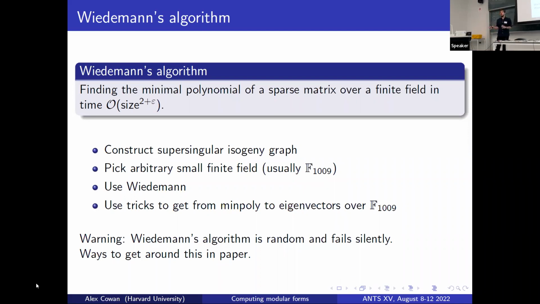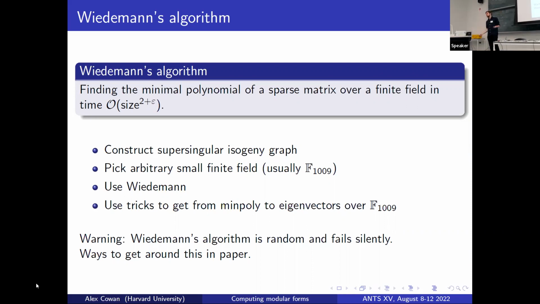But one caveat is that Wiedemann's algorithm is random, meaning that it takes some arbitrary input and outputs something, and it's not at all clear how you go from the input to the output. It is guaranteed to give you a divisor of the minimal polynomial of your matrix, but it does not guarantee that you will get the full minimal polynomial. You almost always get the full minimal polynomial, but it's not guaranteed.